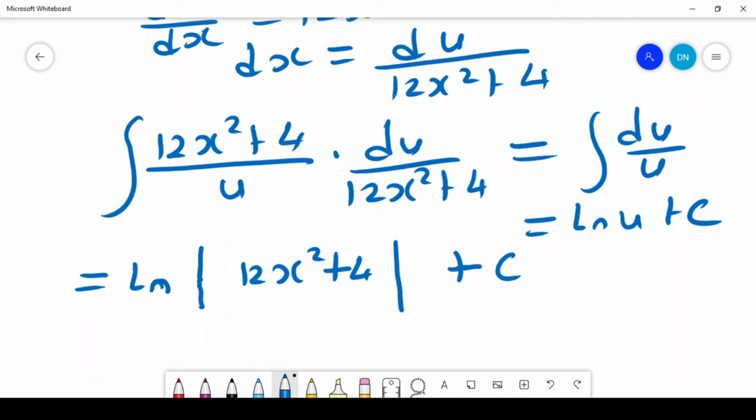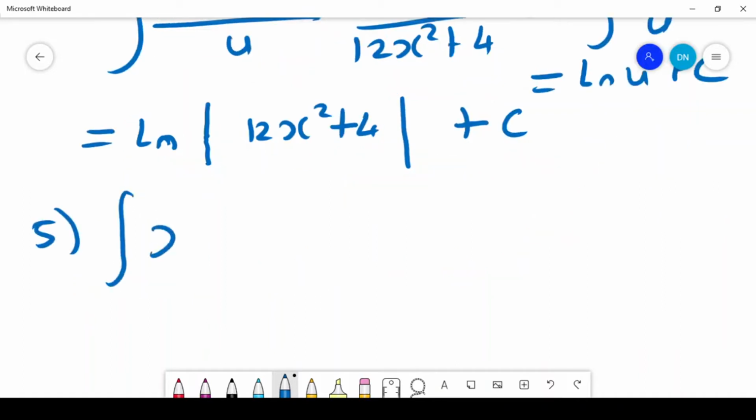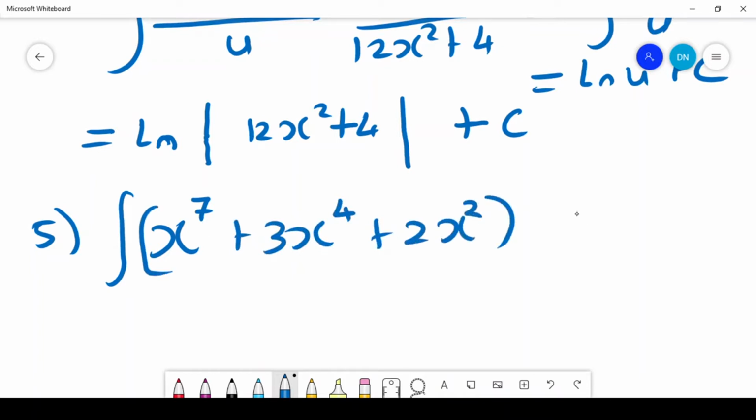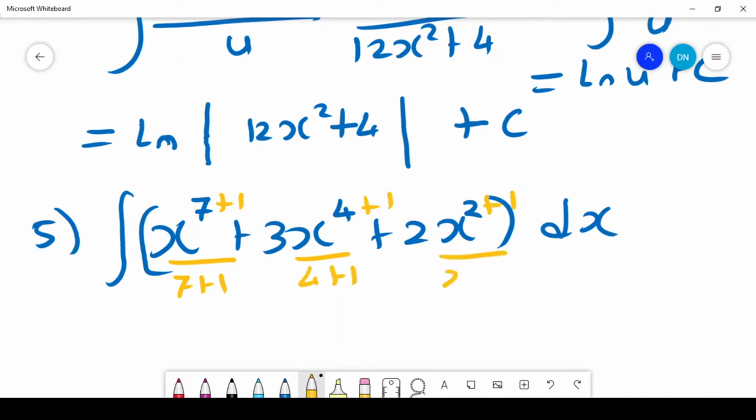So that's the final solution that we get in equation number 4 that we have solved. And this is the integral of x raised to the power 7 plus 3x raised to the power 4 plus 2x squared dx. Remember, because you're integrating, you increase the power by 1 and you divide by the new power, for each term.